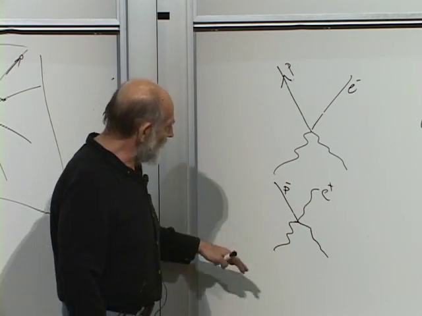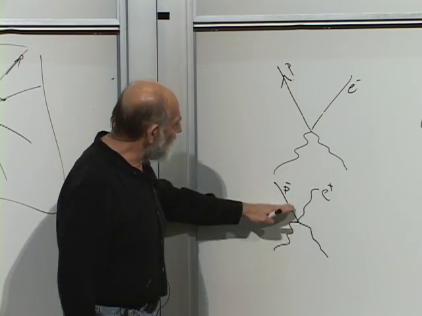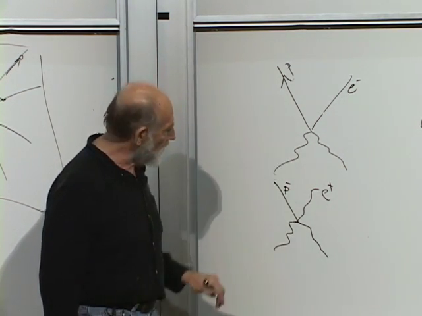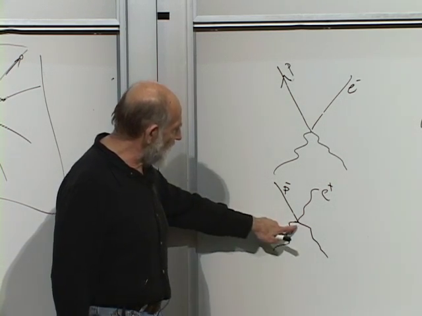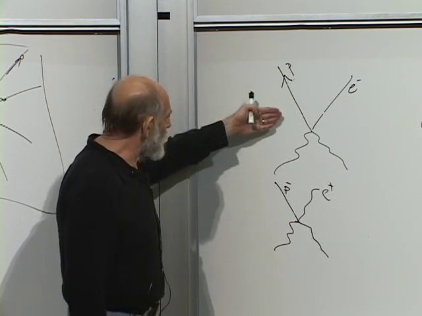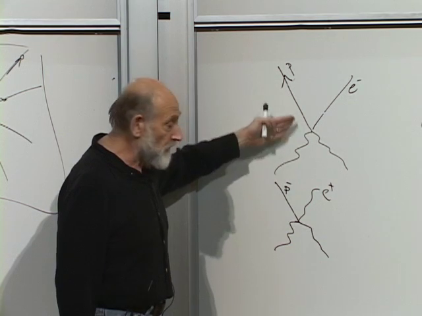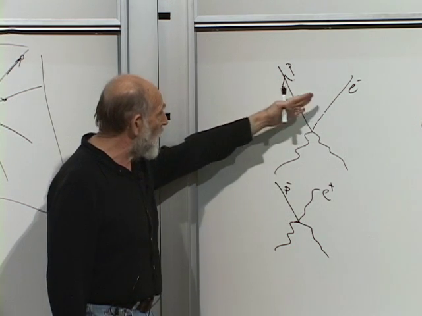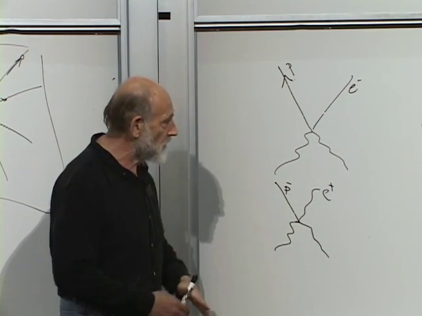That conceivably could bias one of these two relative to the other. For example, this process could have a slightly different probability than this process, this one being perhaps a little more probable, this one a little less probable. Then the bias would be towards protons and electrons rather than positrons and neutrons.